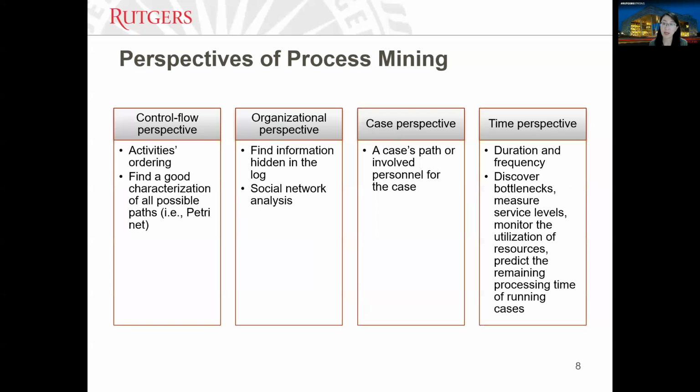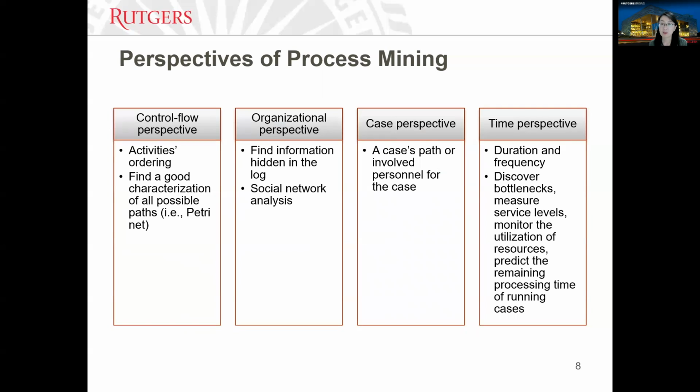Organizational perspective aims to find the hidden information in the event logs, discover unknown prior information, such as social network analysis, to see which employees are involved in a transaction or how they are related to each other. Case perspective looks at the specific transaction case. It could be characterized by its path in the process or by the originators.